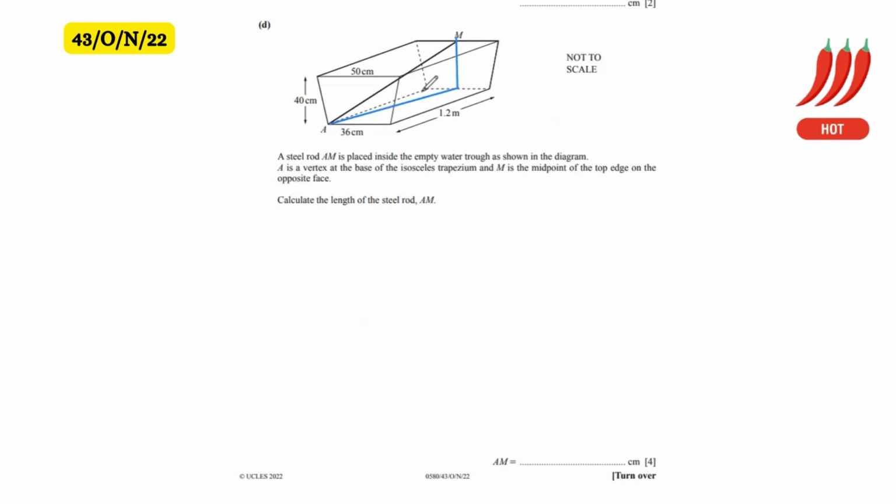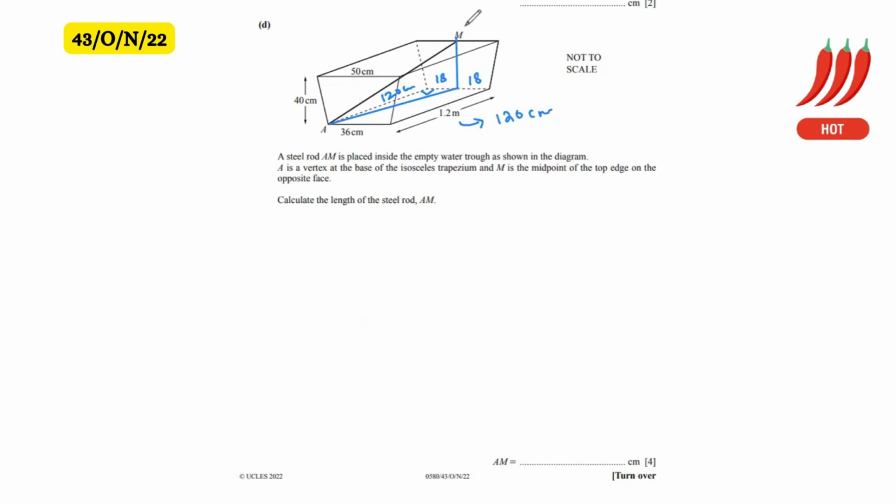So if you notice, we have a right angle triangle over here. This entire length is 36, so half is 18 and 18 over here. Opposite sides are equal, so 1.2 meters in centimeters is 120 centimeters. So this is also 120 centimeters over here.